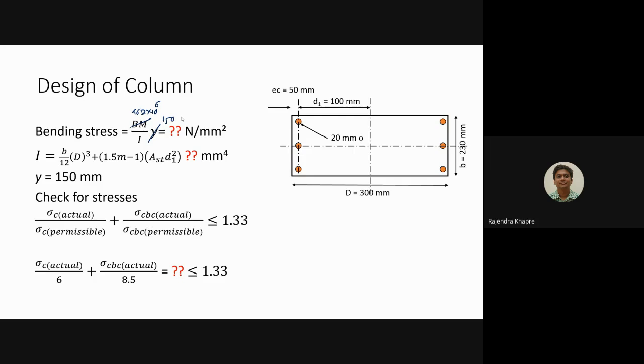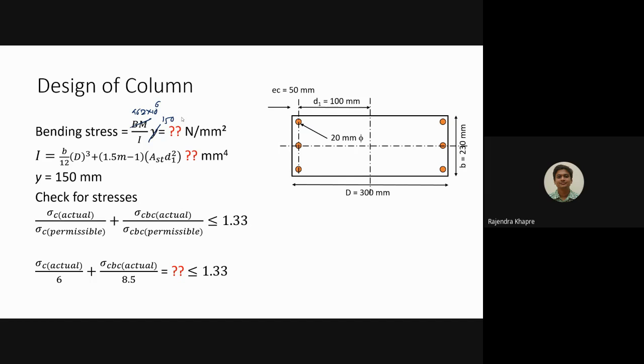So the d1 value will be your 100 mm. But this is steel, so we have to convert it into equivalent concrete. For this purpose we have to multiply this with 1.5 m minus 1. So this is going to give you the equivalent moment of inertia of the section, which is the contribution of concrete as well as steel.